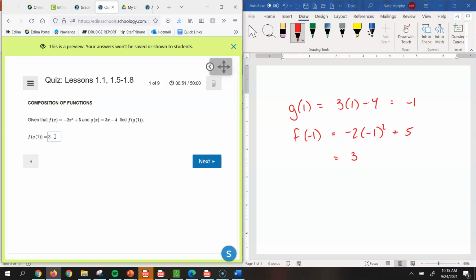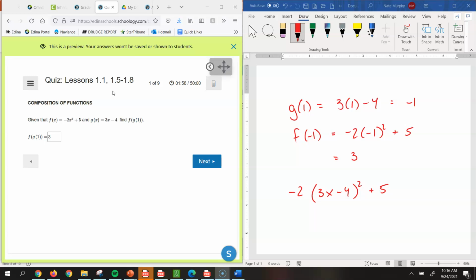Now, the other way you could go about doing it is recognizing that I'm putting function g into function f. Some of you might have done that. It's a little bit trickier for this one, so personally I would have just done it the other way. But if you put function g into function f, now what you could do is put 1, because that's what we're putting into this composition of functions.